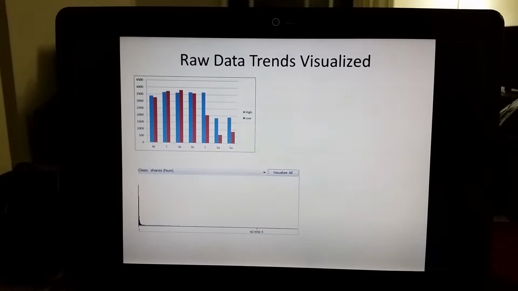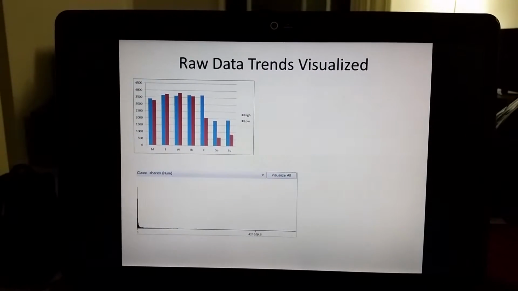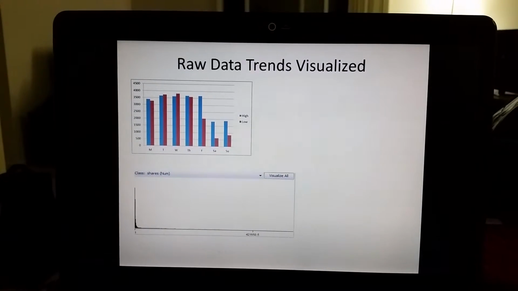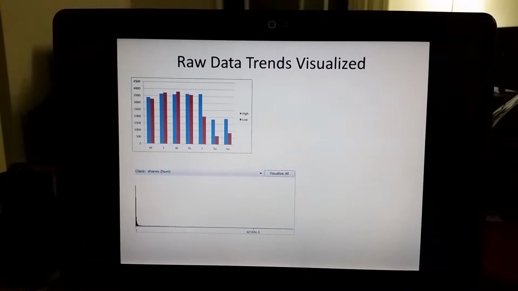By the way, to interpret this graph, you should know that the articles having shares less than 1400 are termed as low popularity articles.